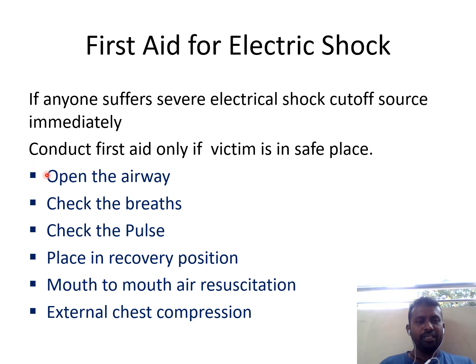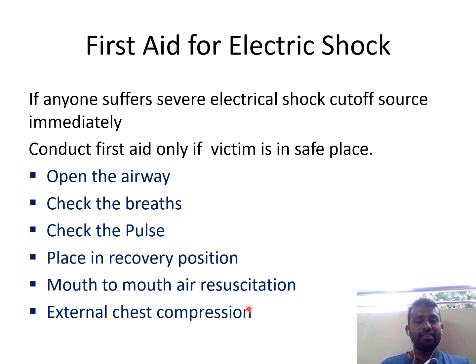Now what is the procedure? Open the airway, that is generally the mouth. Check the breathing, whether he is breathing at least shortly or not. Check whether there is a pulse. Place him in the recovery position. Lay him down, and mouth to mouth air should be supplied, and external chest compression must be done.